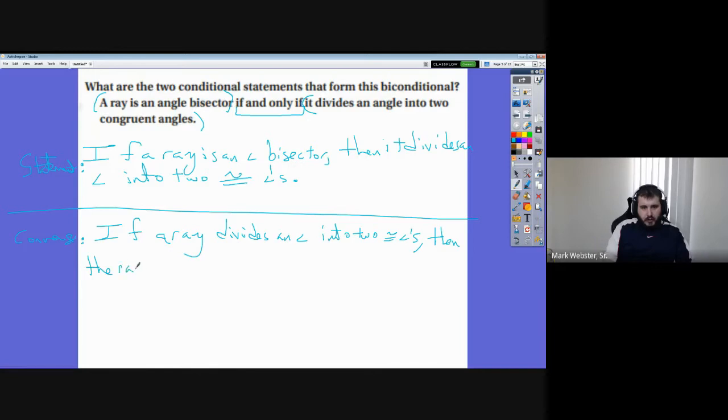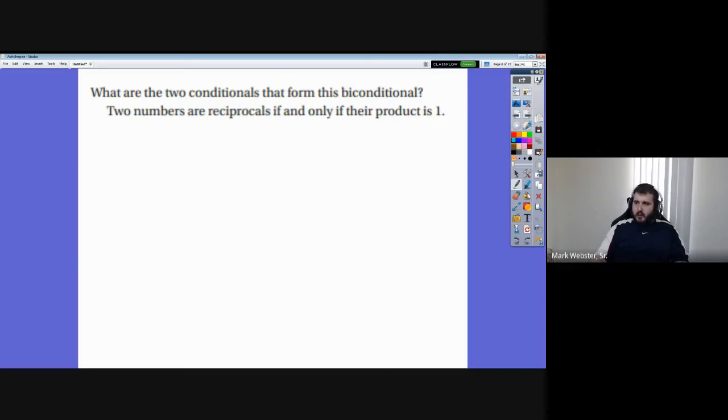The ray is an angle bisector. Okay, so it's just breaking it up. So we're going to go ahead, we're going to give this a try ourselves. So I want to know, what are the two conditionals that make up this one? Make sure that you are capable of doing it.